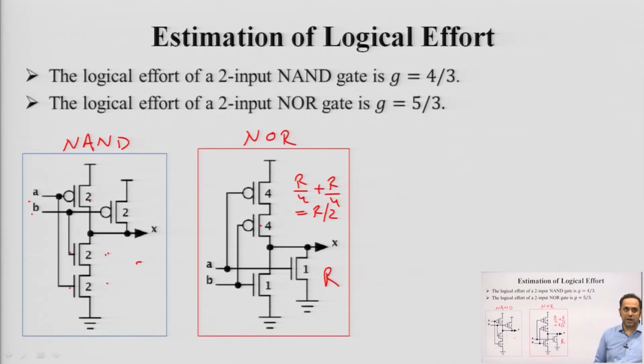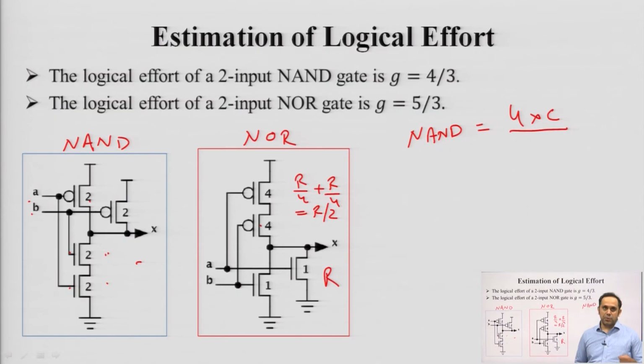If I want to calculate the logical effort, which by definition is the ratio of the input capacitance of the driving gate to the input capacitance of an inverter with the same output current: for the NAND gate, the input capacitance is 4 times C, where C is the capacitance of the unit transistor. We have already seen that the input capacitance of an inverter is 3 times C. So, you can cancel C and you get the logical effort for a 2 input NAND gate as 4 by 3.